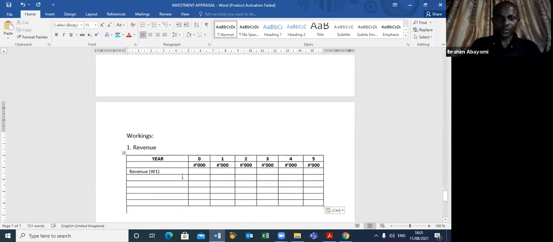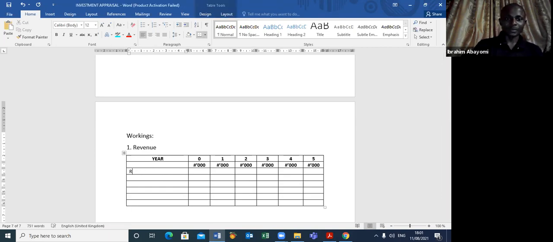Okay. So I want to apply this table to my revenue. I have my units.